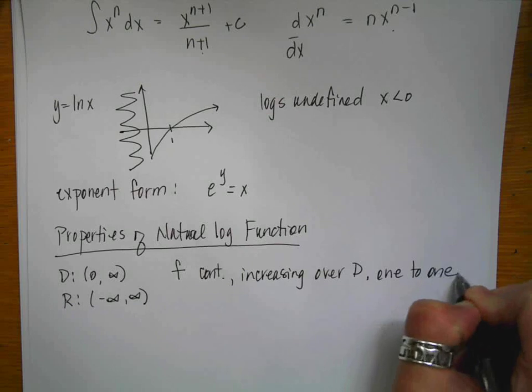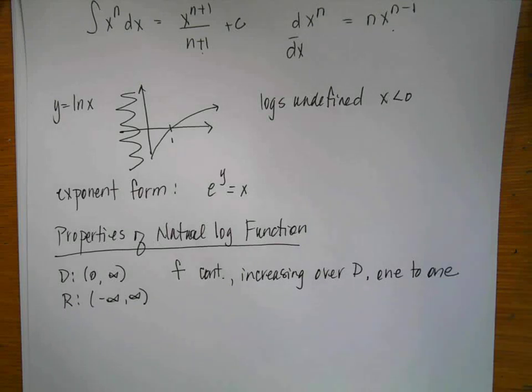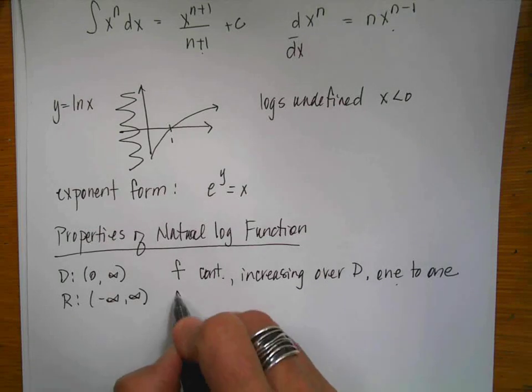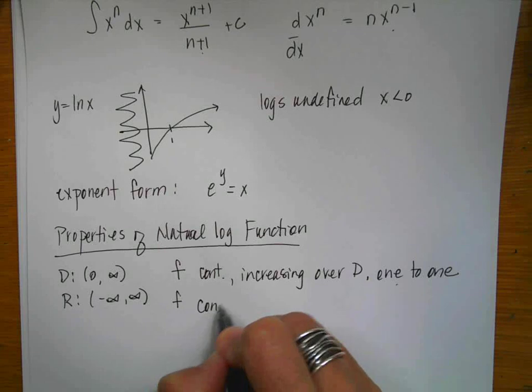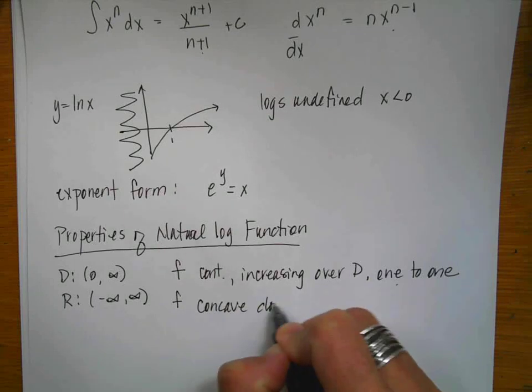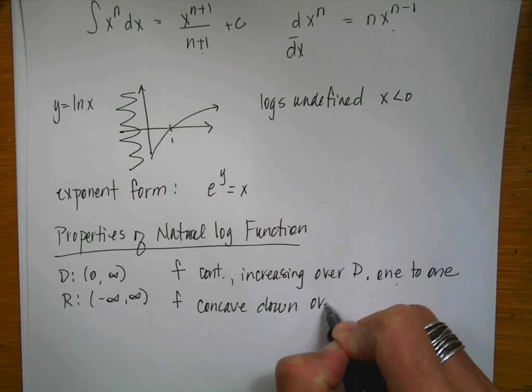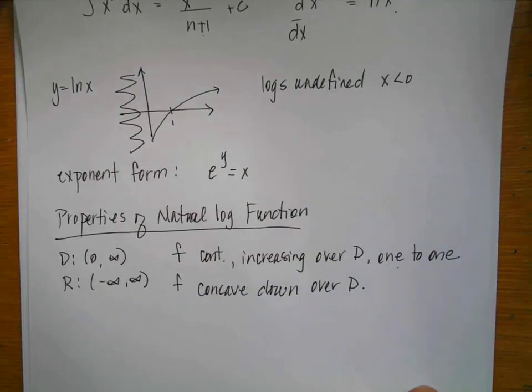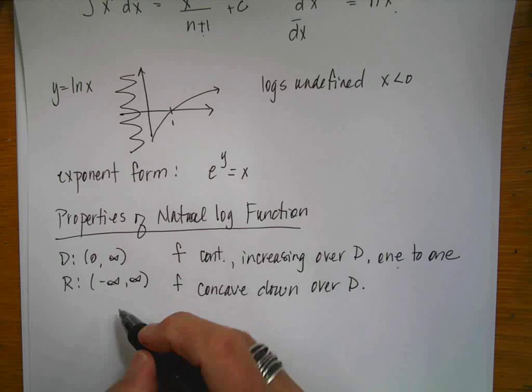And if you'll remember, 1 to 1 means that the function has an inverse. Okay, and both the inverse and the function are actually functions. f is concave down over its domain. Okay, so those are things that we know about the function.